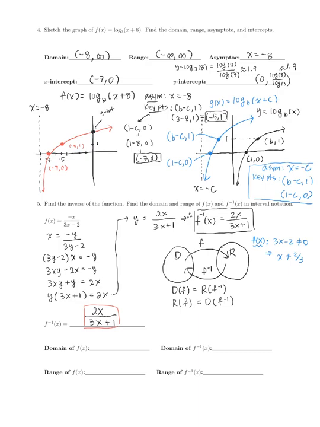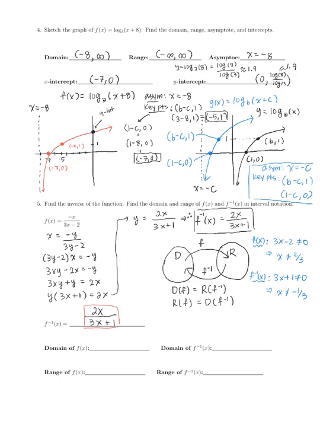Okay, so that's the domain of f of x. And then let's go with f inverse of x. The denominator is 3x plus 1, so that cannot be 0. That's a plus, sorry. So that implies that x cannot be negative 1/3.